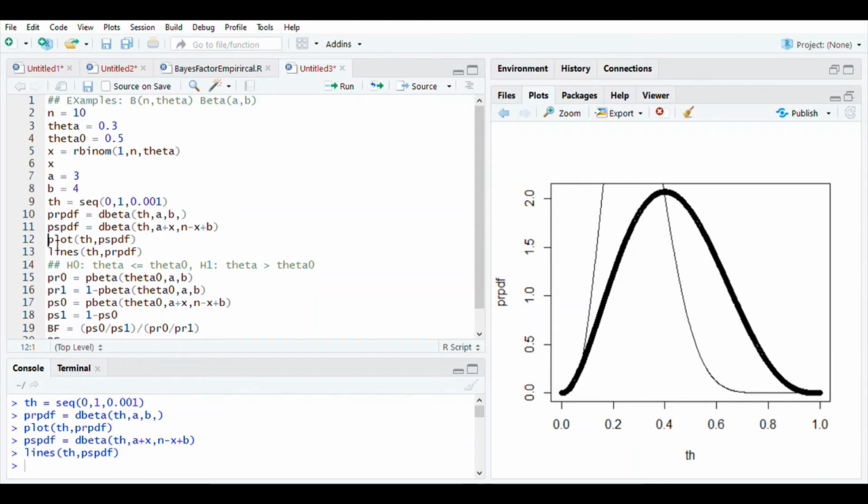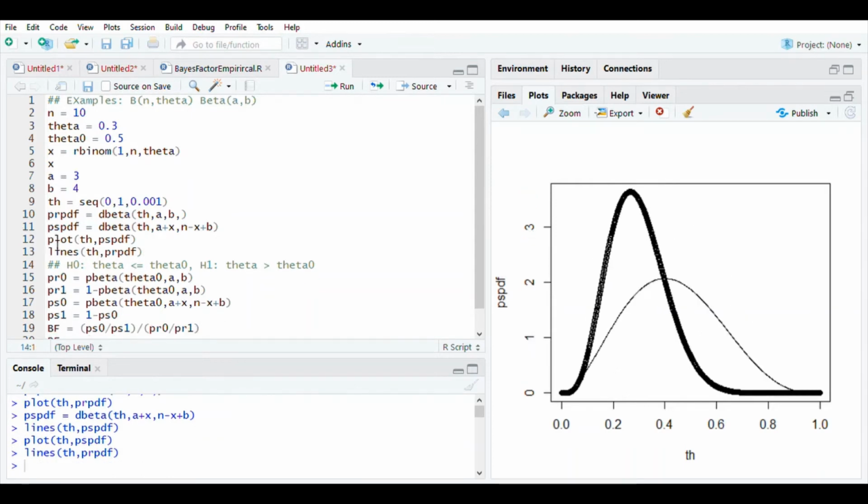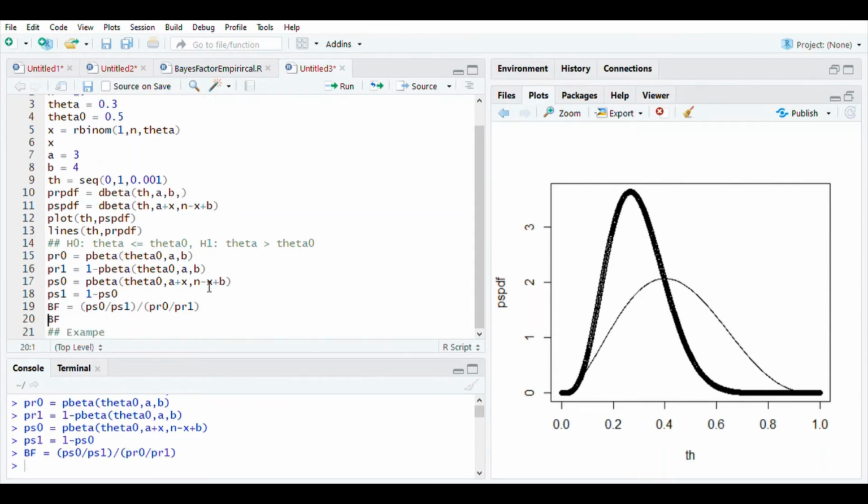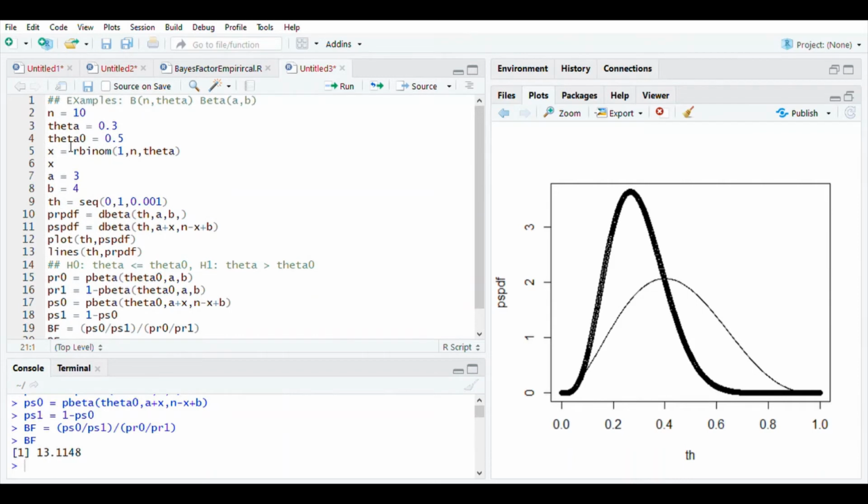So let us first plot the posterior and then plot the prior. So yes, the mode had shifted towards the left. Now let us compute the Bayes factor. So yes, even for theta equal to 0.3, it is 13.1148 because I have changed n from 5 to 10.